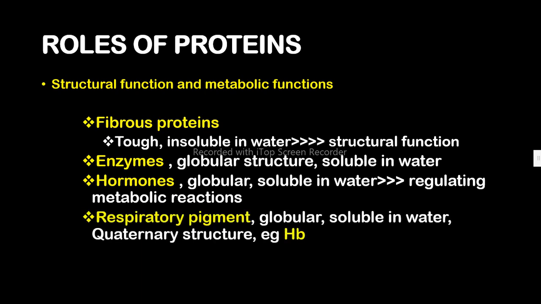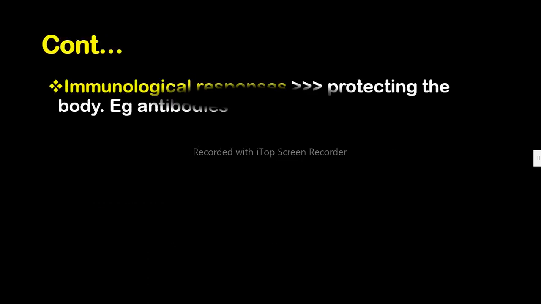Then we have respiratory pigments such as hemoglobin, myoglobin, and other respiratory pigments. These ones are globular, soluble, and they have a quaternary structure. Remember that quaternary structure, where you have more than one polypeptide chain within a protein structure.